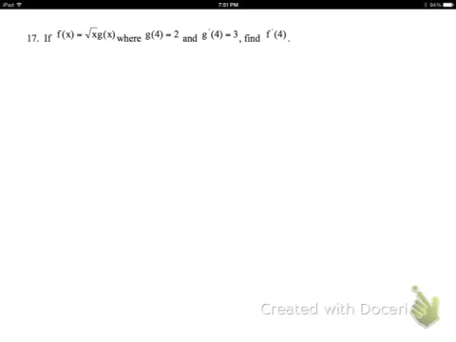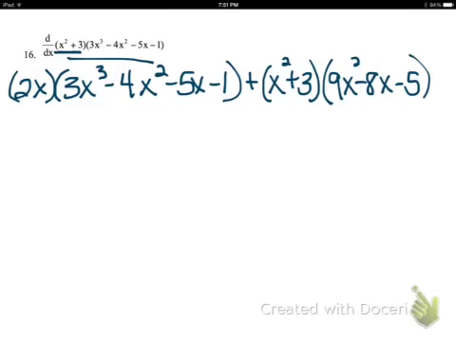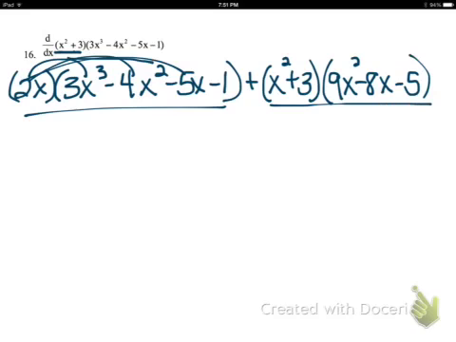Whoops, minus 5. I keep hitting the next slide. To simplify this, I'd have to distribute the 2x to all of these, and this I'd have to multiply out, and then combine like terms. So multiply the x squared by all 3 terms and the 3 by all 3 terms.